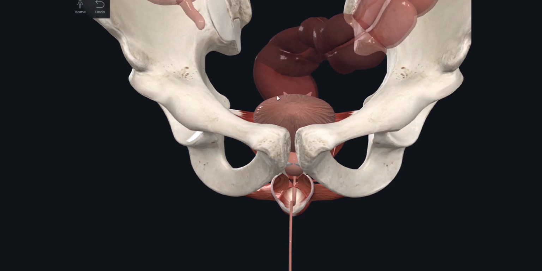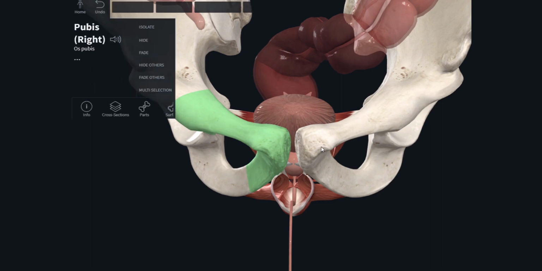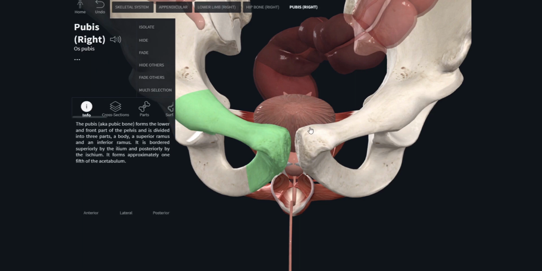Now let us see the same things that we spoke about earlier in the atlas. As you can see, these are the pubic bones, 1 and 2. I'm just going to hide these and fade them out so that you can see the other organs that I'm talking about.